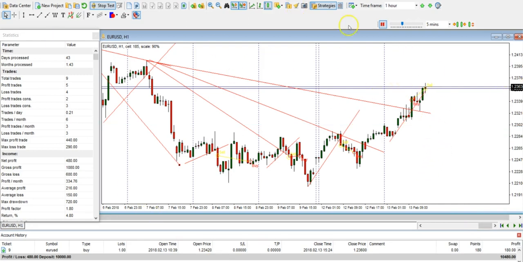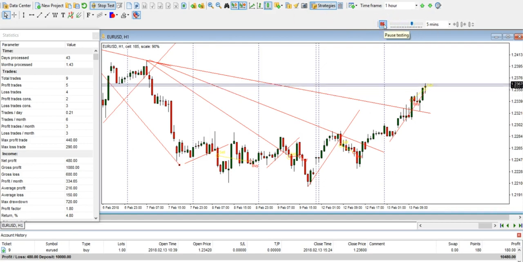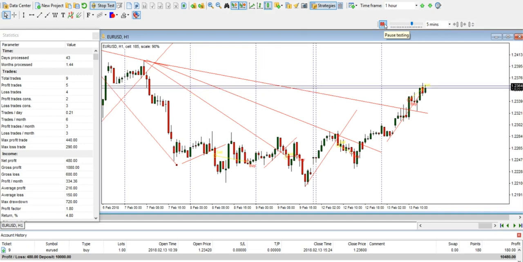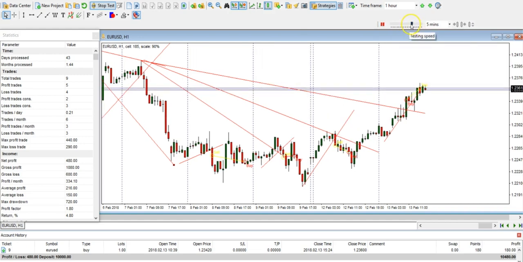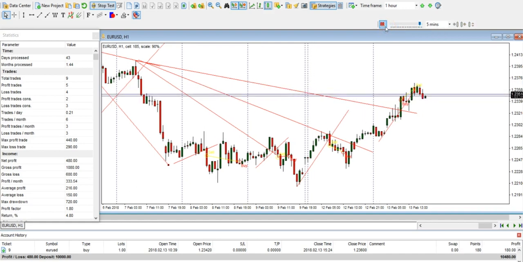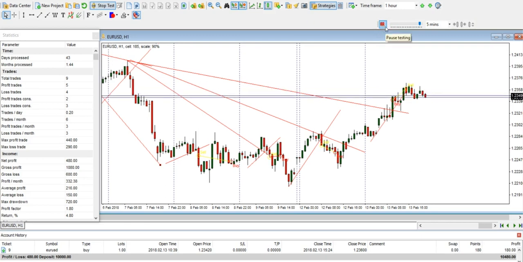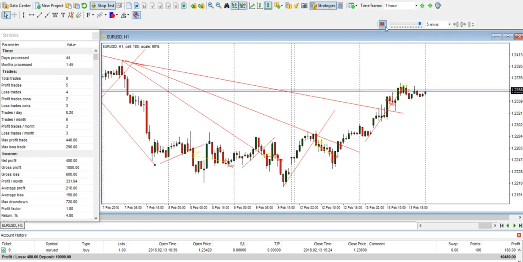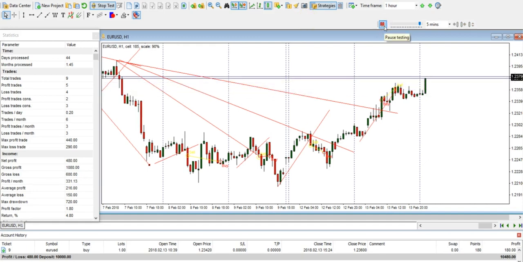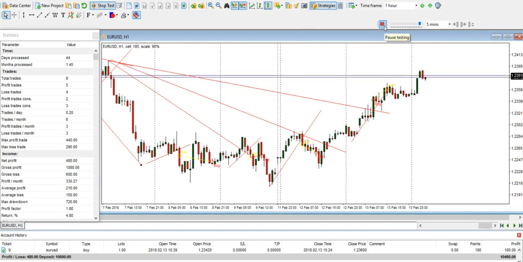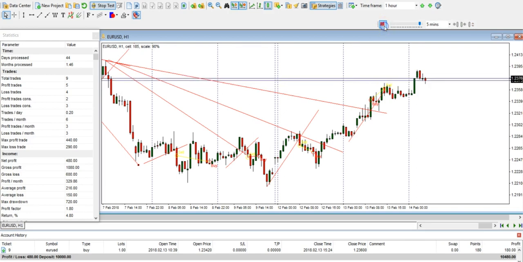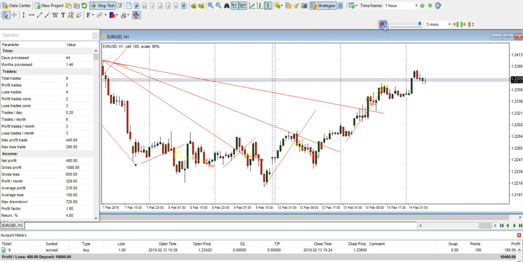It's always good, it doesn't have to be exactly 5 o'clock. Profit close to the end of the day, you can take the trade, take the profit. Okay, draw our lines.